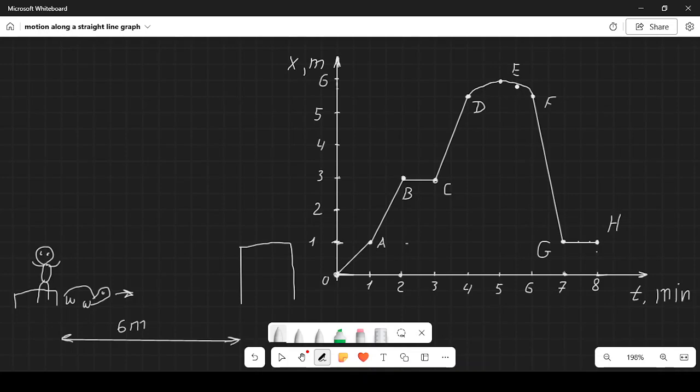And what can we see in our graph, what's happening after minute number 5? So it started minute number 6. And here it was slowly, but it was going up. Now it's getting to go down. What does it mean?